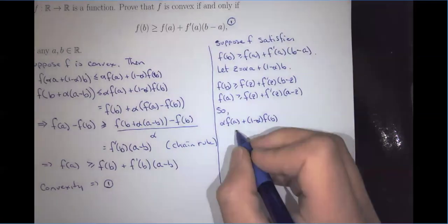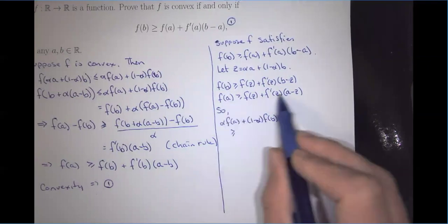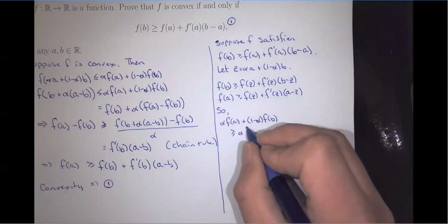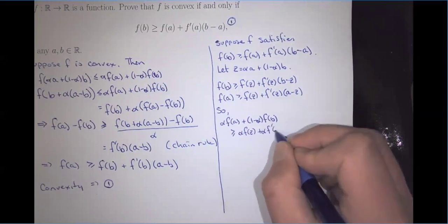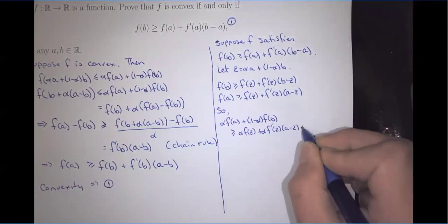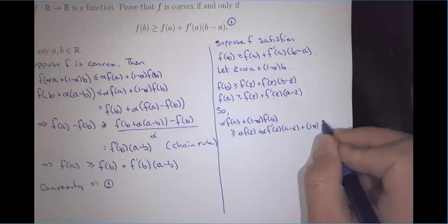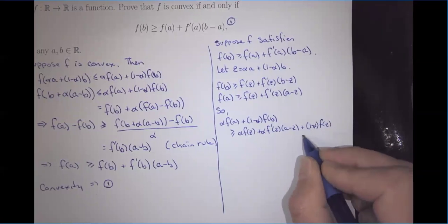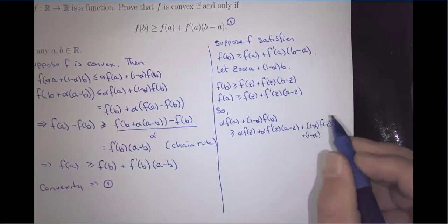Well, it turns out that this is greater or equal to, if we look at the second inequality here, alpha f of z plus alpha f prime of z times a minus z plus 1 minus alpha f of z plus 1 minus alpha f prime of z times b minus z.